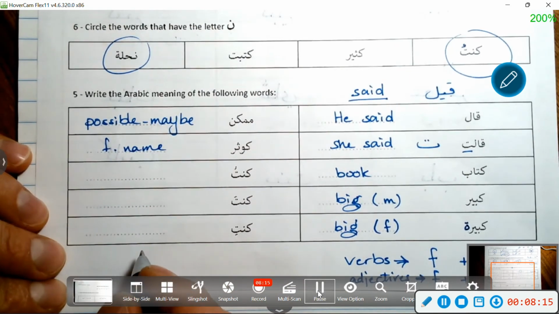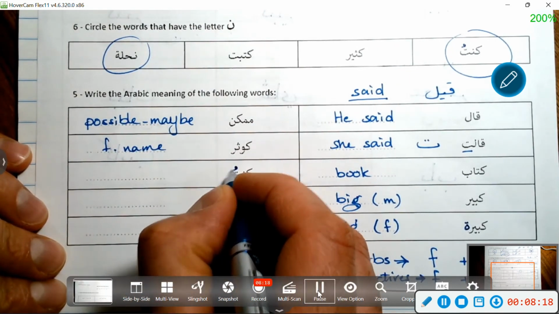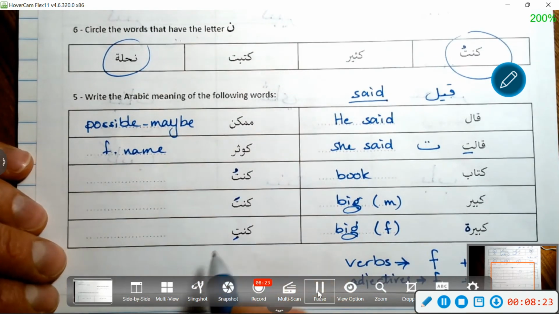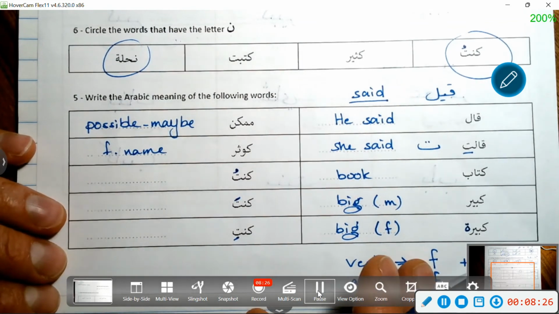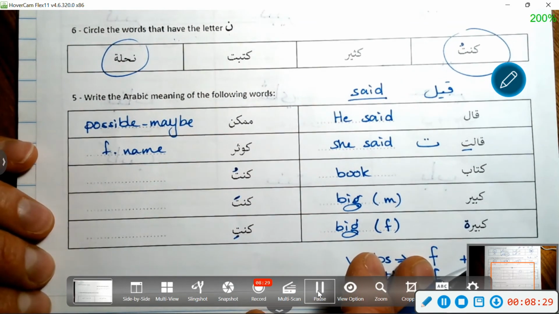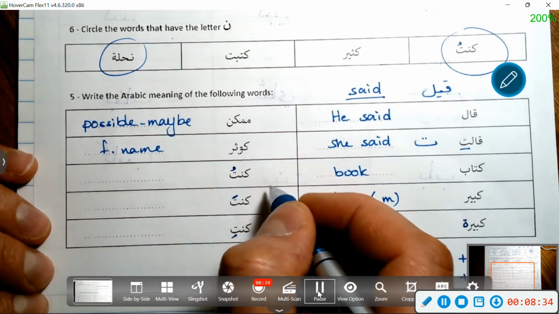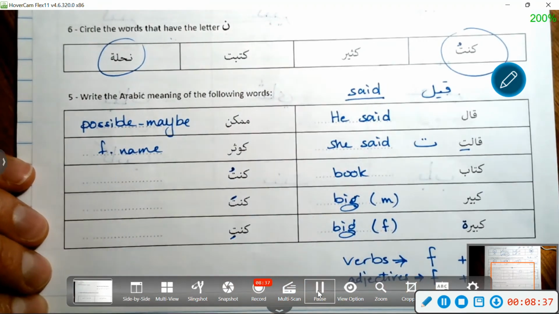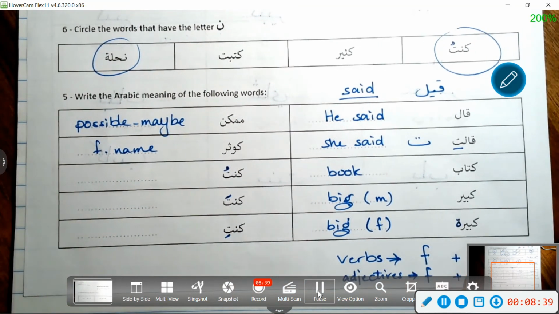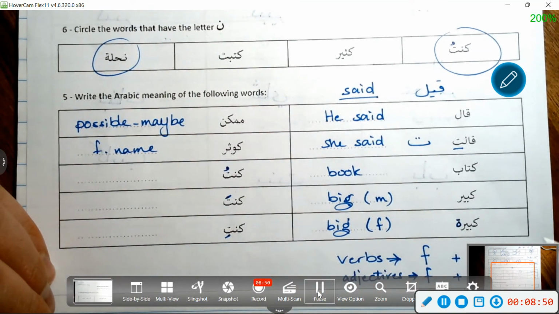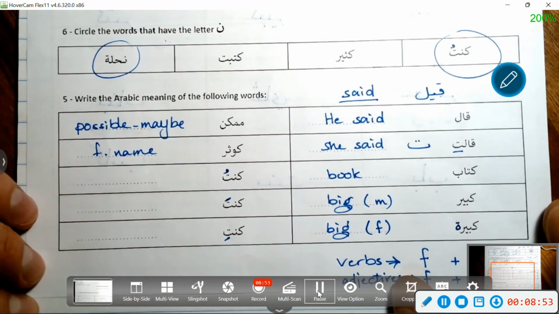Now, many of you struggled with kuntu, kunta, kunti. Although in some of the spoken Arabic, they still use kuntu, kunta, kunti. Like some of the Yemeni dialects, they still say kuntu when they talk about themselves, and kunta and kunti.